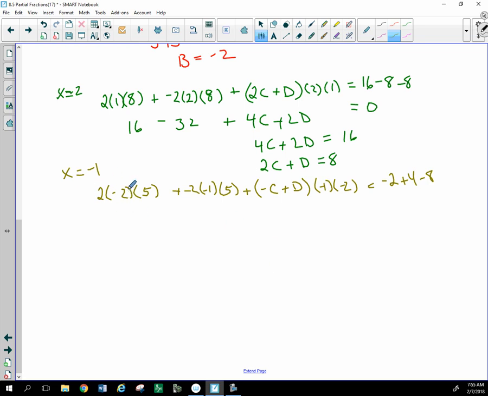So it looks like I got negative 4, that looks like negative 20. Over here, this looks like it's going to be positive 10. This is positive 2, but it goes negative 2c, because there's a negative there, plus 2d, and then over on the other side, it looks like I've got negative 10 plus 4, which is negative 6.